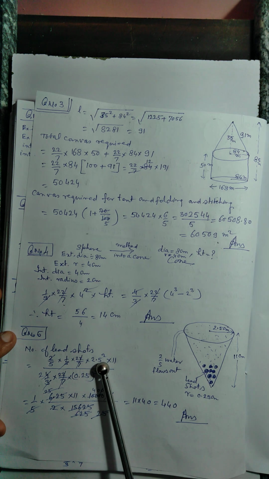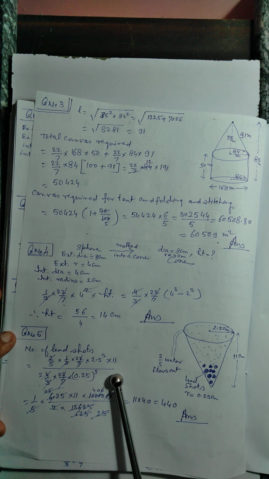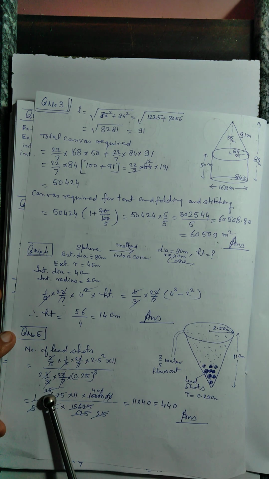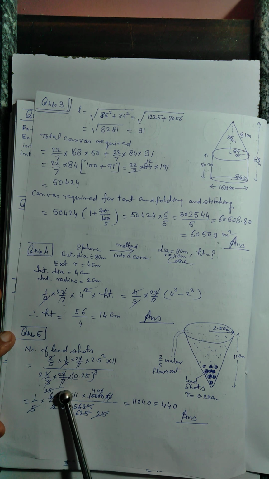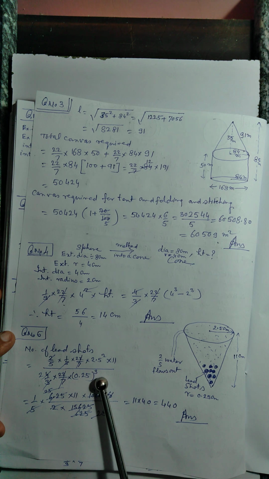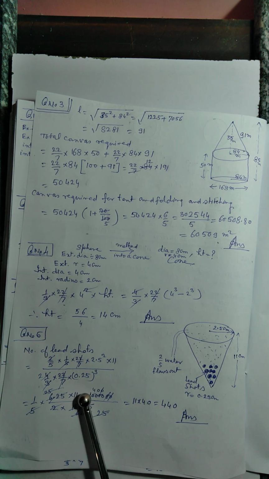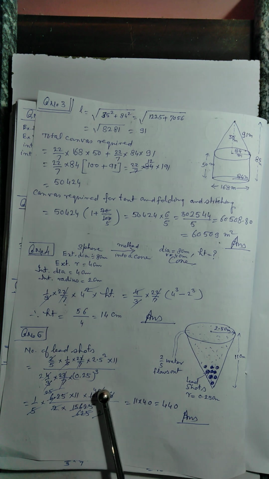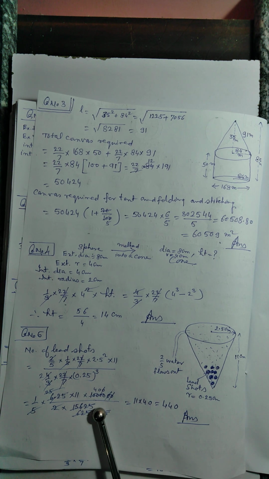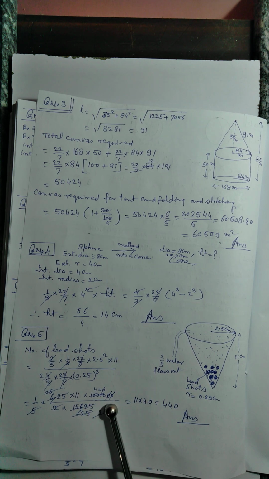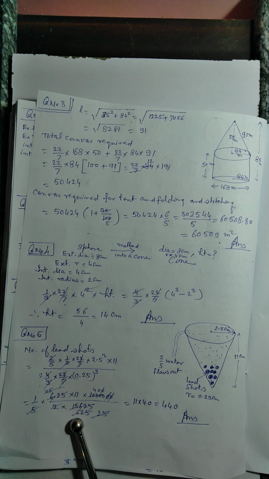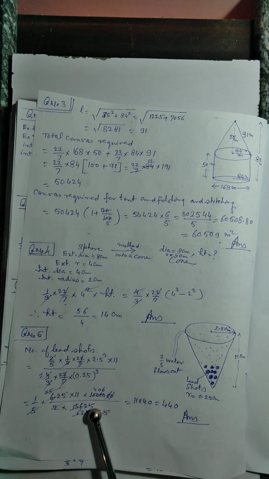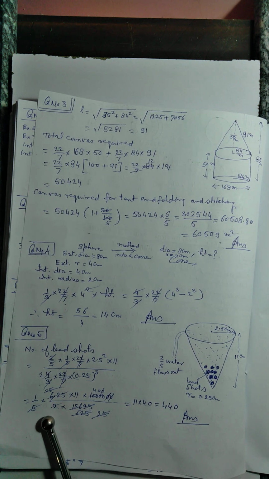So 2.5 square किया into 11 height, whole divided by volume of the lead shot. देखिए 4 by 3 into 22 by 7 into 0.25 का क्यूब. अब देखिए यहाँ पर डेसिमल के बाद में 2 डिजिट है 2 and 5, इसका क्यूब करना है. सो हमने क्या किया, यहाँ पर 1 के साथ में कितने जीरो लगाया, 6 जीरो लिख दिया और यहाँ से डेसिमल हटा दिया हमने 625. इसके 2 जीरो को कैंसिल किया, इसका भी डेसिमल हटा दिया.